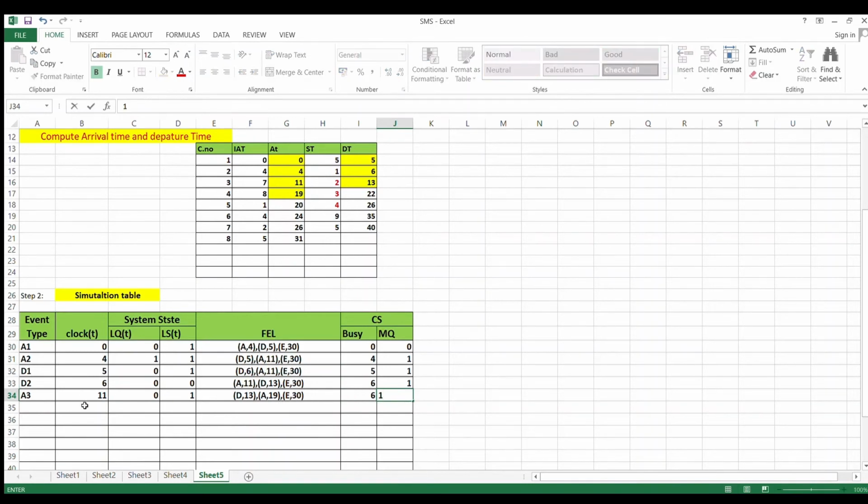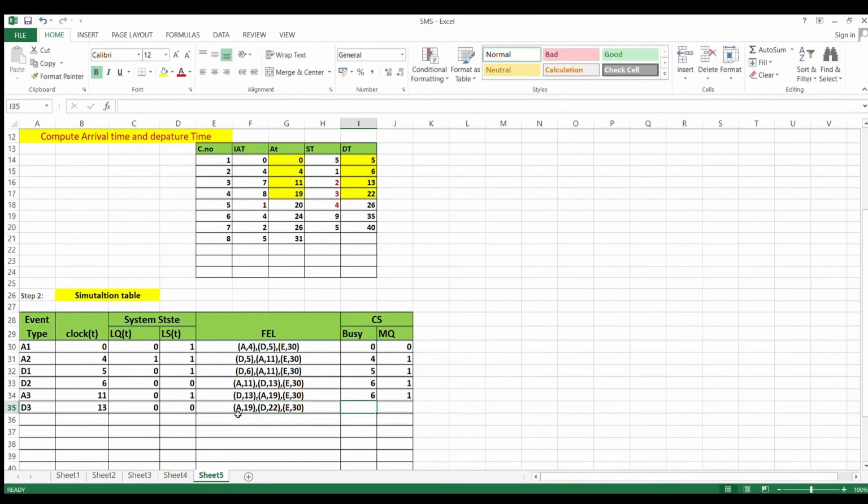So the minimum value is 13. Update the clock to 13. Write the event as departure D3. So queue 0, service 0. Remove the departure, which means add the next departure. So write A19, D22, E30.